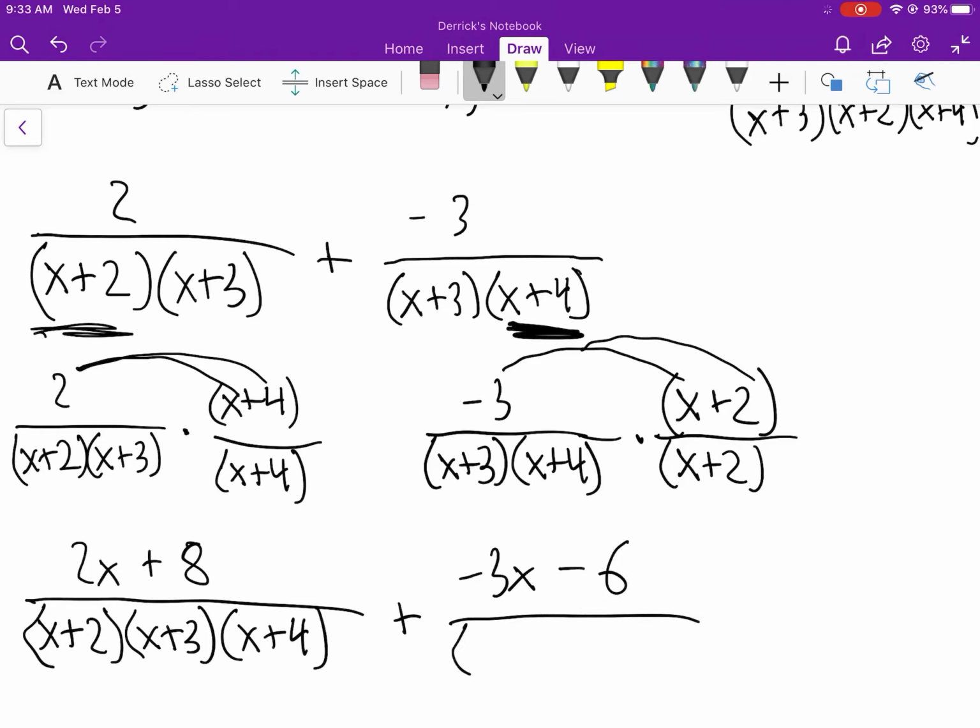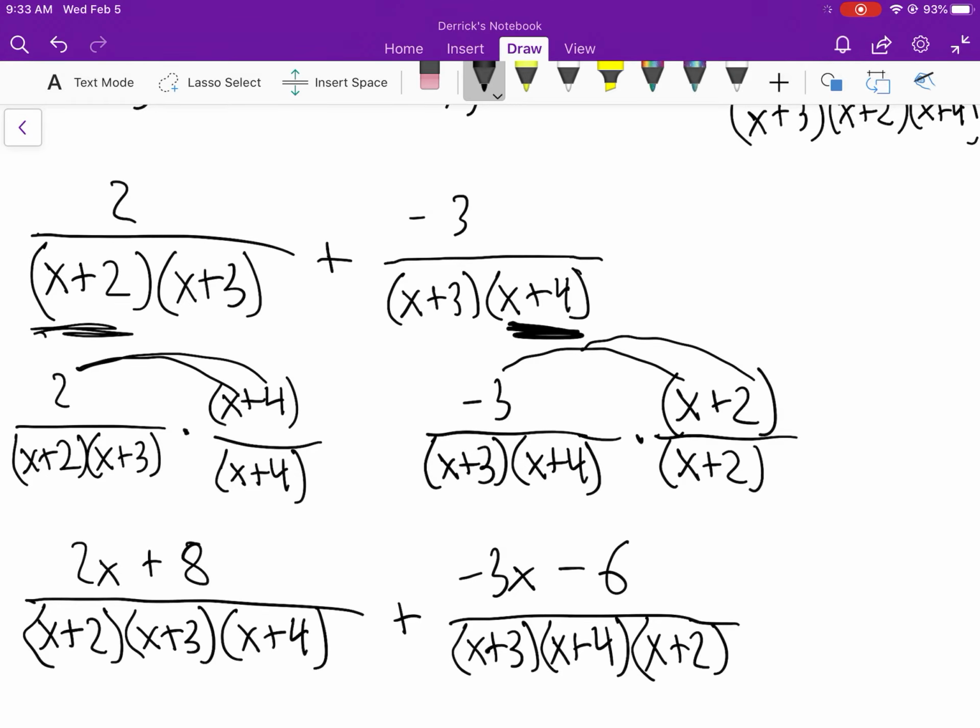And then for my denominator, I've got x plus 3, I've got x plus 4, and now we have x plus 2 as well. Again, while those factors are not in the same order, these denominators are definitely still common denominators.